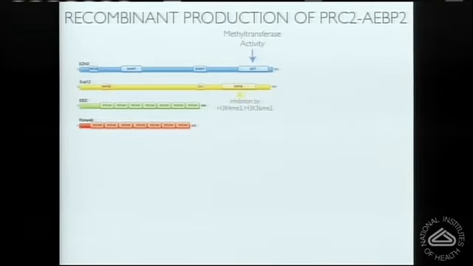So this is going to be important for setting the limits of the epigenetic marking that PRC2 is able to confer.